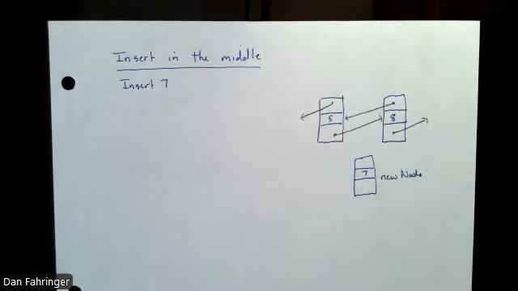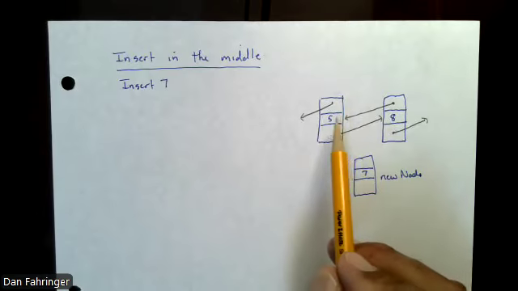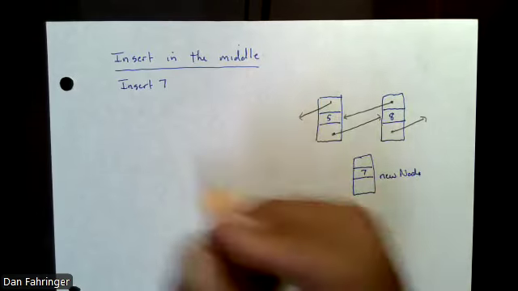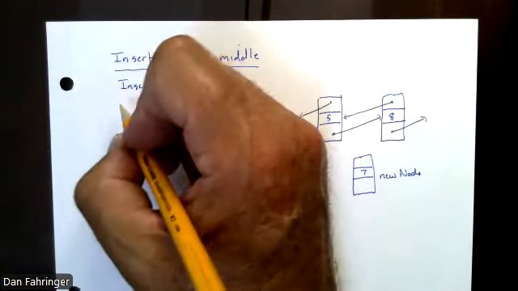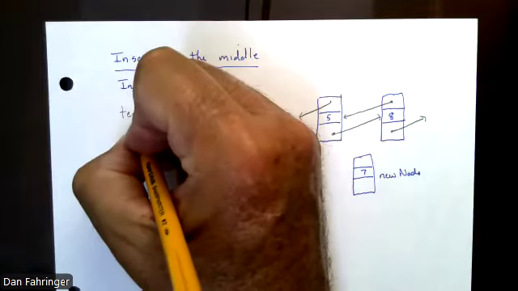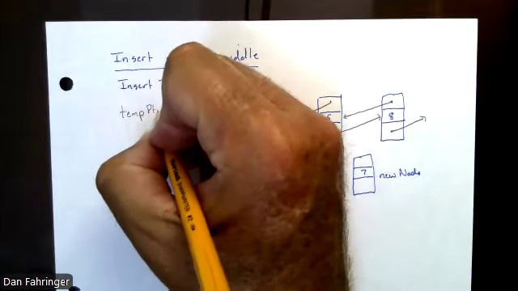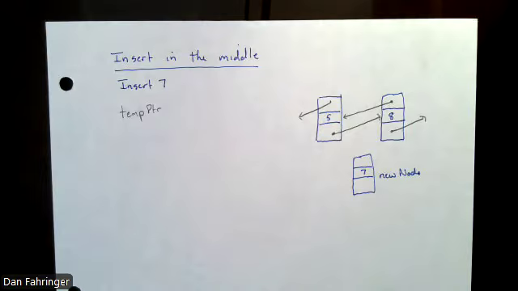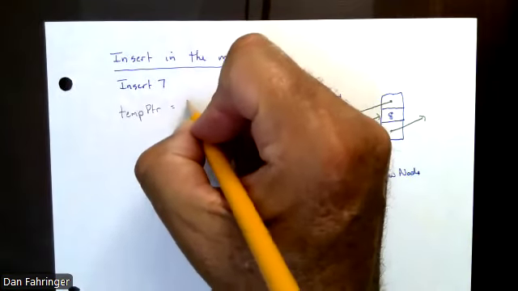Let's see, I am going to have to traverse. So in order to traverse, I'm going to have to get a temp pointer, and temp pointer is going to start at front.